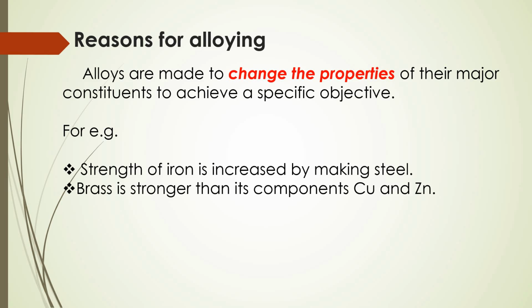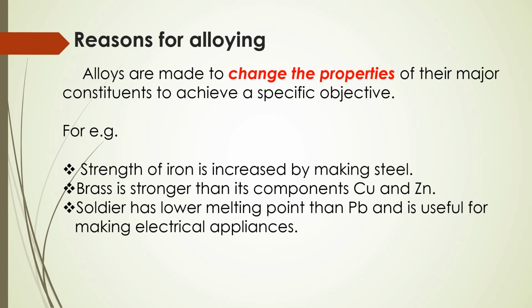Brass is stronger than its components copper and zinc. If you use copper and zinc separately, they are not as strong as brass. So to increase their strength, an alloy can be made by mixing copper and zinc, and that alloy is known as brass. Solder has a lower melting point than lead and is useful for making electrical appliances.